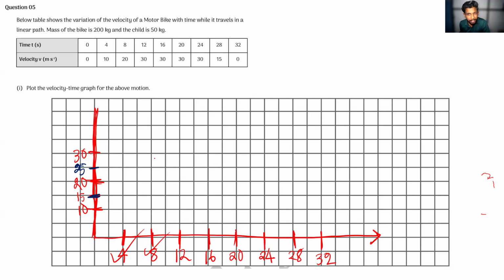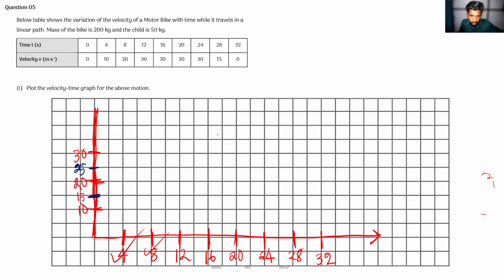No. According to our need, according to the chart, we can take a box as 4, or we can take a box as 10. That is our wish. There are no rules. Each and every box we can take as we wish, whether it is 10 or 12 or 4 or 8 or whatever.